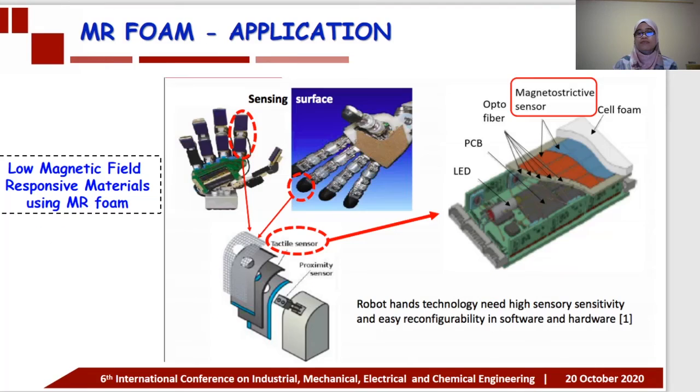Besides, due to the very small deformation possessed by this MR foam, especially with low magnetic field applied, MR foam is seen to have potential to be applied as a magnetostrictive sensor for a soft robotic hand as shown here, especially for rehabilitation purposes.